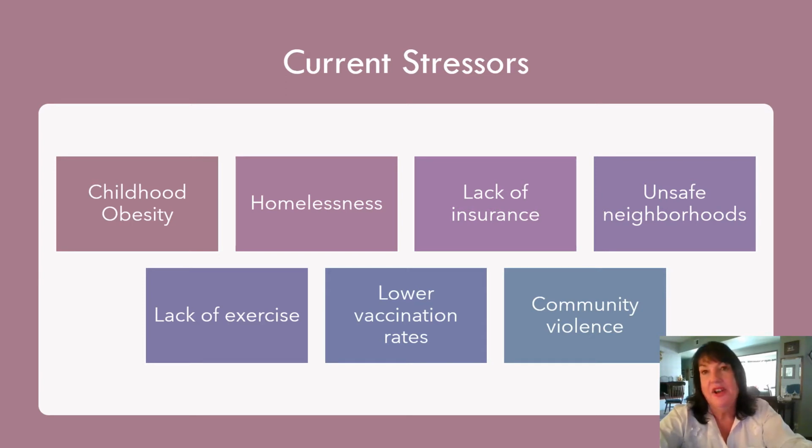This used to only be present in adults, and more often showing up in middle age or later years. So the fact that we now have children who are obese and being diagnosed with diabetes type 2 is really a problem, as we've discussed before. They're getting a much earlier start with problems with blood sugar control and all of the complications that go along with diabetes we could expect in the future.